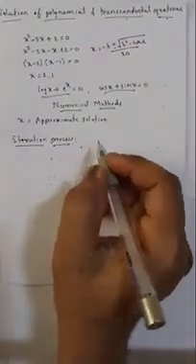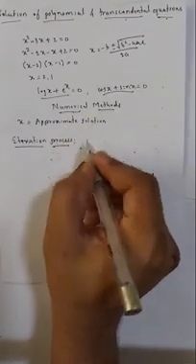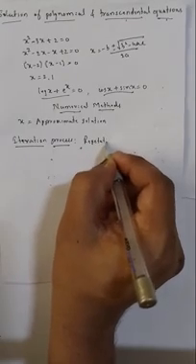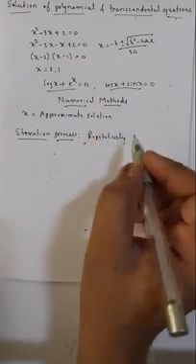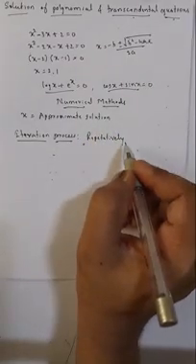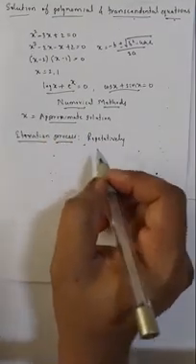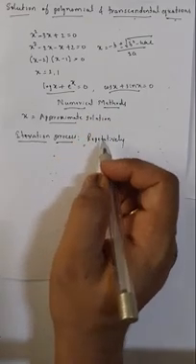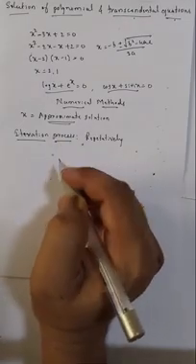This is the process where we use the numerical methods repetitively. We apply the method again and again to get a better approximation. This is called the iteration process.